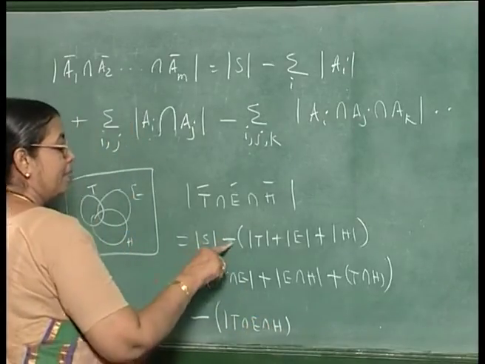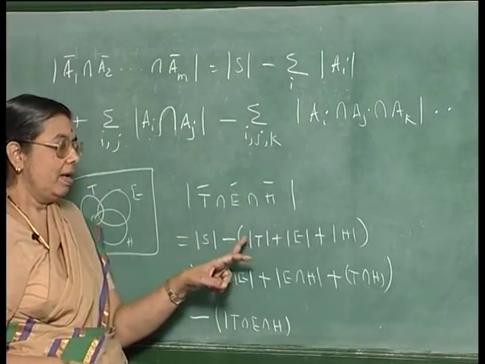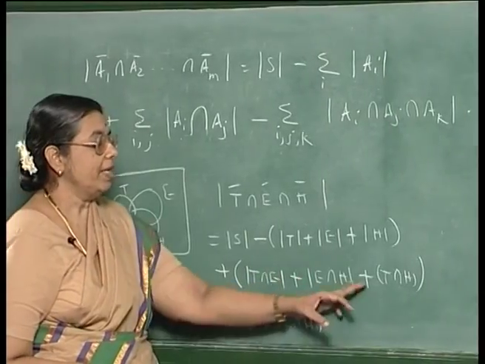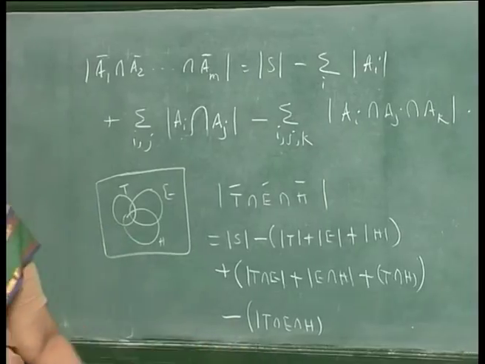So, alternatively it is minus plus etc. Each sum is taken, and here you are taking all 2 combinations, here all 3 combinations and taking the sum.